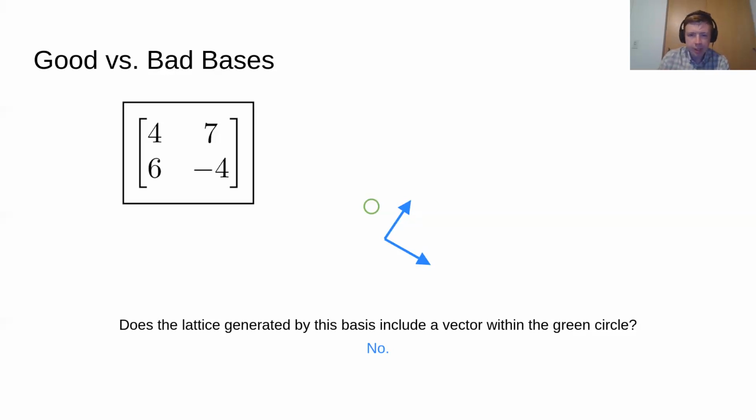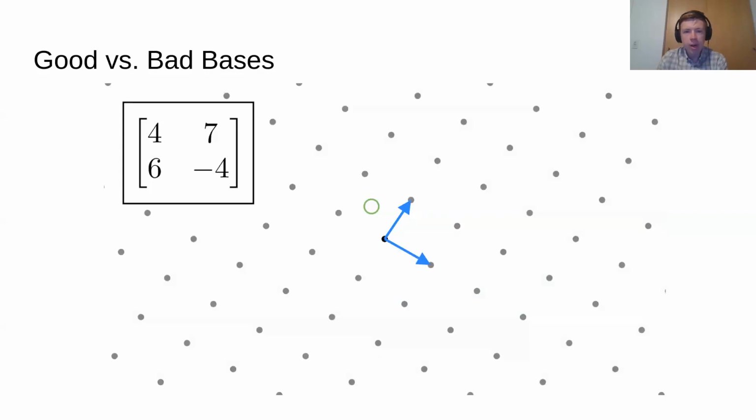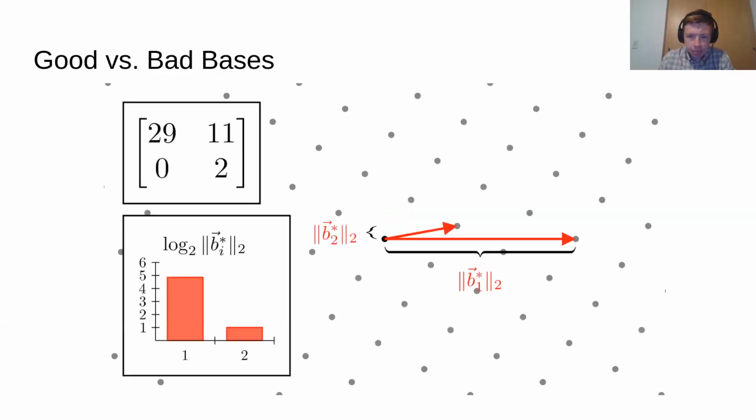All right, and this is just depicting the points of the lattice itself. But you may wonder, what is a more formal notion of a good basis and a bad basis? And we formalize this through Gram-Schmidt orthogonalization, where we're looking at the orthogonal components of the different vectors.